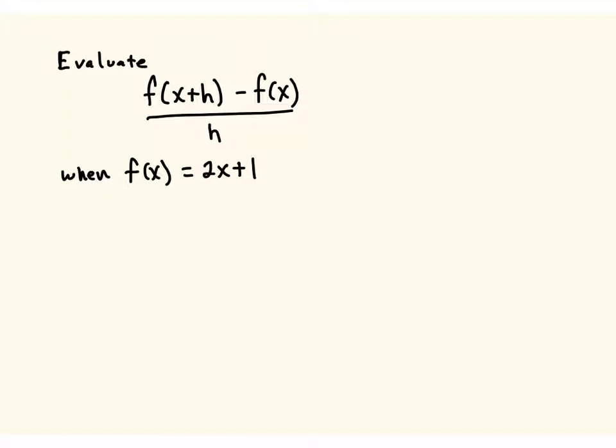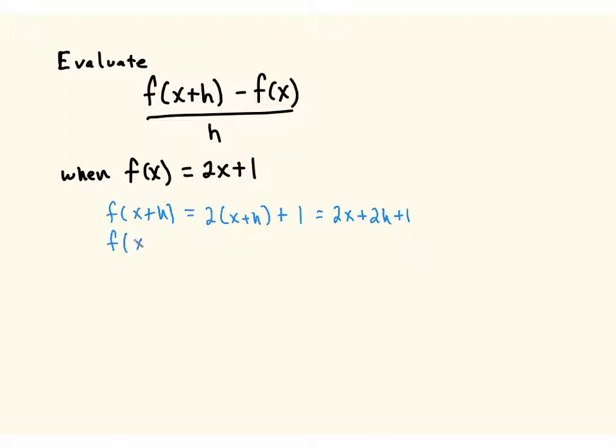So first of all, we're going to do f of x plus h, and in that case then we have 2, and we'll substitute x plus h in for the x that was there originally. And so when we simplify this, we have 2x plus 2h plus 1. There's no like terms, so that is all that we can write for that.